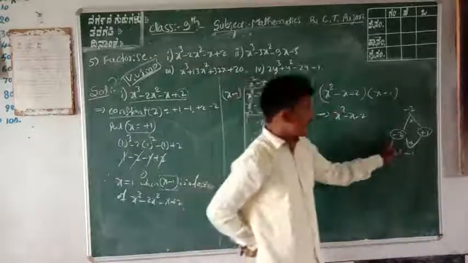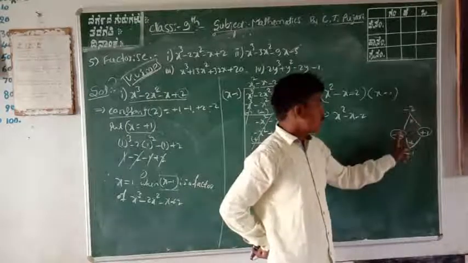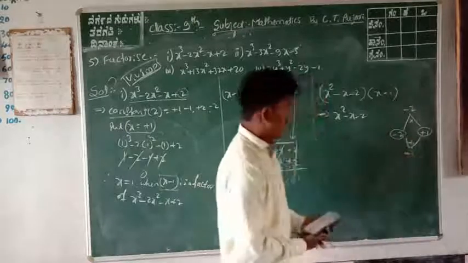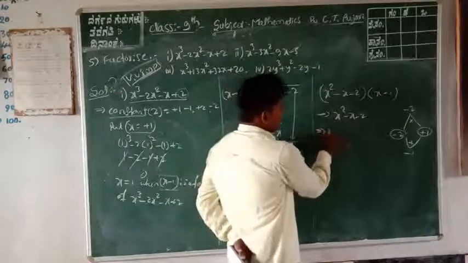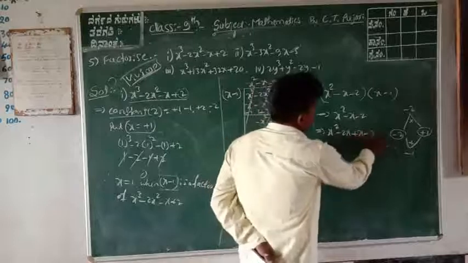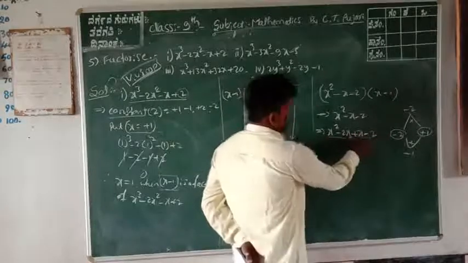So we write x squared minus 2x plus x minus 2. There are 4 terms.